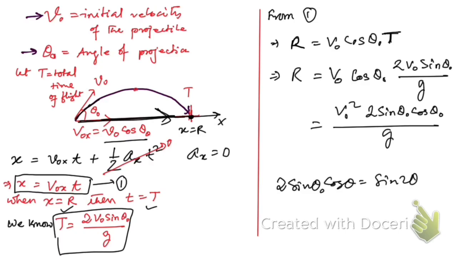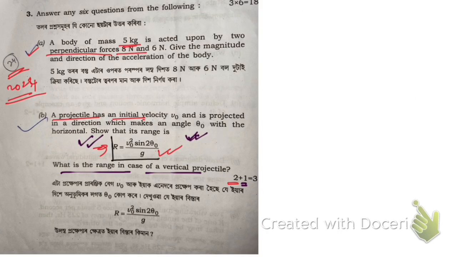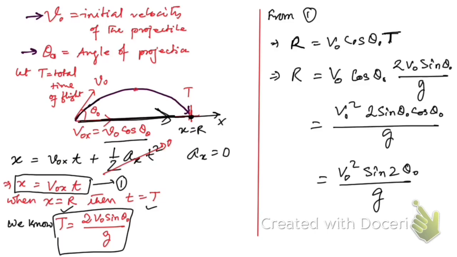So 2 sin theta naught cos theta naught is going to be sin 2 theta naught. Using that, we get r is equal to v naught square sin 2 theta naught by g. So this is the required expression that we have shown here. Hope you have understood this.